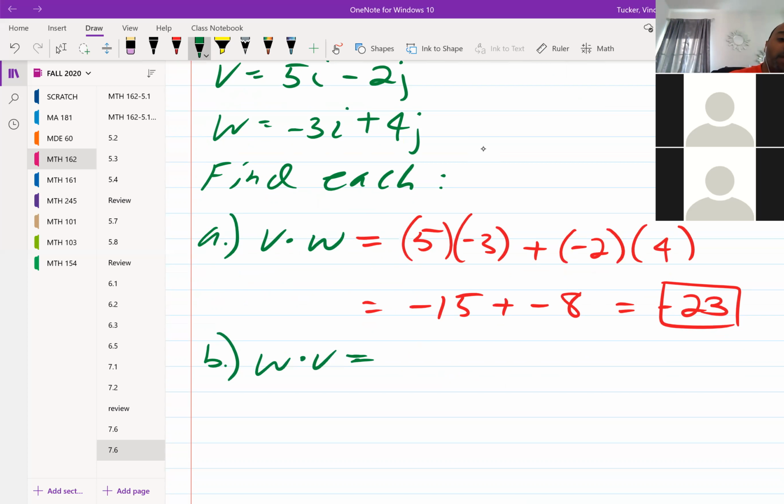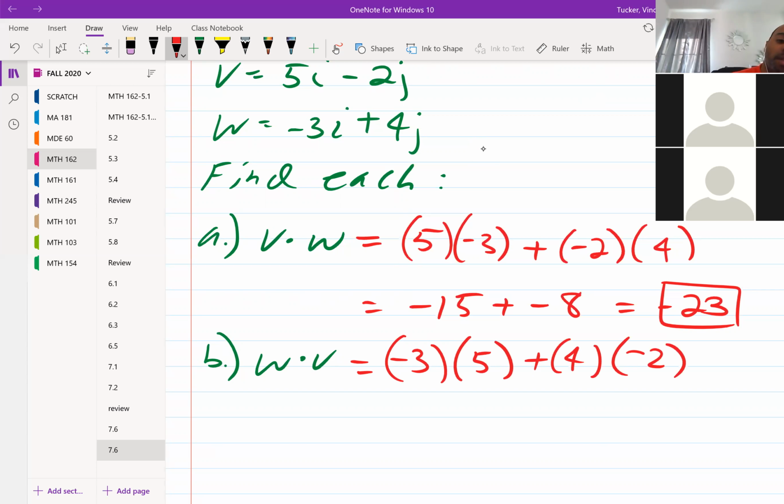So if they ask you for the dot product of W dot V, try to stay consistent. You're looking at A of W times A of V plus B of W times B of V, and you see we get the same thing.